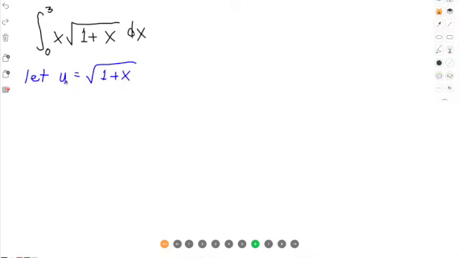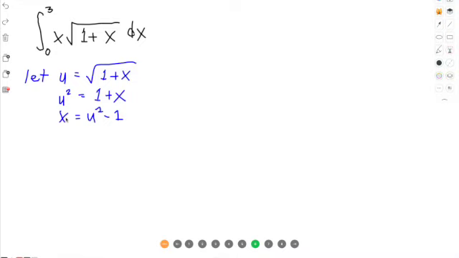If we square u, therefore u squared is equal to the square root of 1 plus x squared, which is 1 plus x. Therefore we can find the value for x. We can write x equals u squared minus 1.